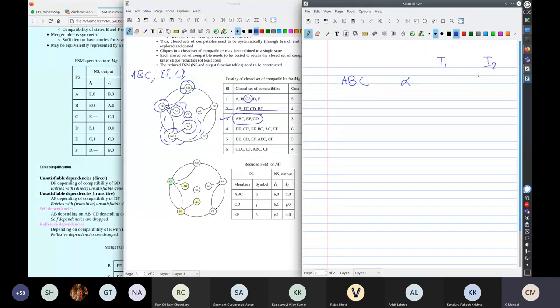So let us see what happens when you get I1. As you can see, the transition on I1 should be to states E and F, E or F, it can be to any one of those, right? So let us just write ABC, then you have EF.